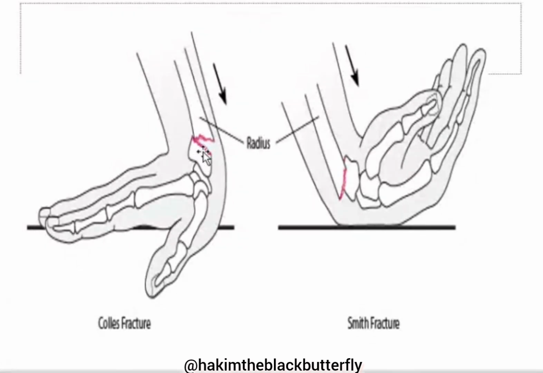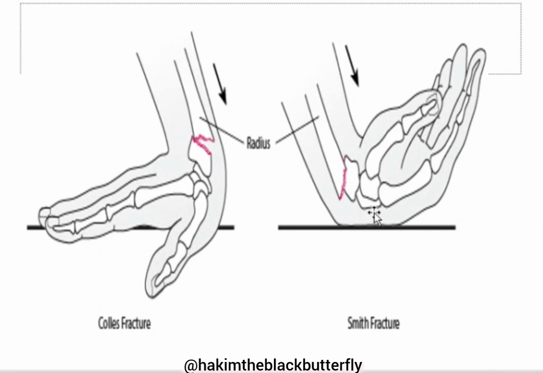The distal segment is displaced posteriorly and the proximal segment is displaced anteriorly. This is what we call the Coles fracture.